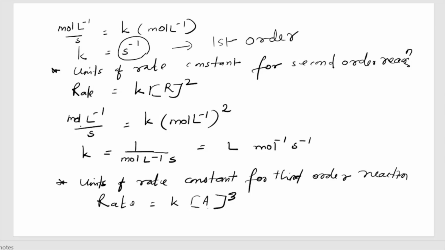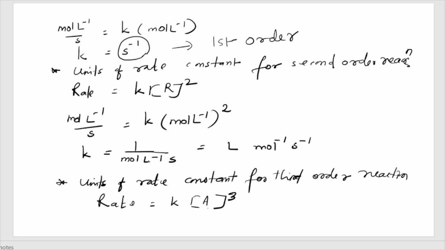And this side, rate means moles L inverse divided by S. Both sides will cancel each other. Here one part, here two parts. So one cancels, and what is the answer? K equal to 1 by mole L inverse S.